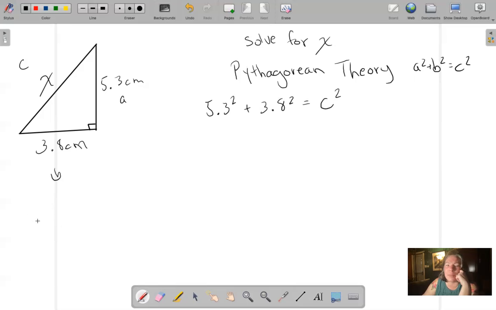Okay, so 5.3 times 5.3. 3 times 3 is 9, 3 times 5 is 15, bring down a 0, 5 times 3 is 15, 5 times 5 is 25, plus 1 is 26. And the decimal goes here, so 28.09.